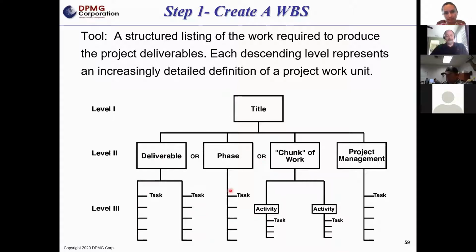If it's a phase, we're going to look at the tasks for each one of those phases. For the chunk of work, again, what are the activities, and the same thing for project management. But again, I've seen some organizations where every project is broken down by deliverable, some by phases, some by chunk of work. It really just depends on the type of work that you're doing.